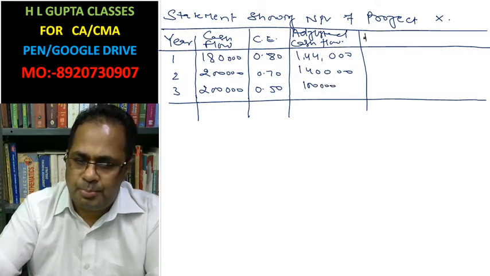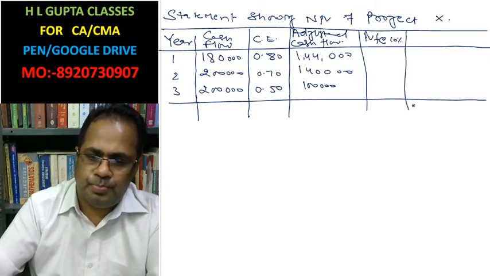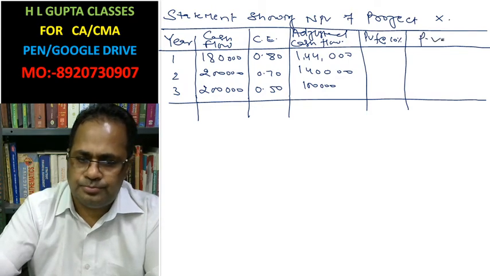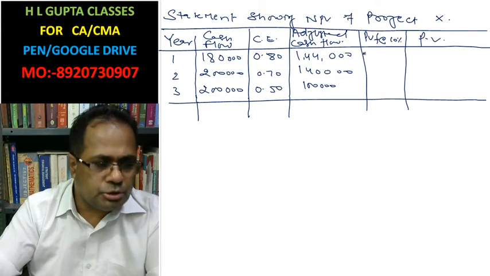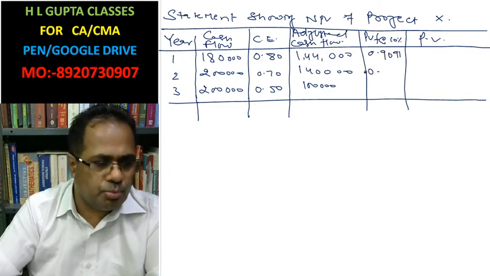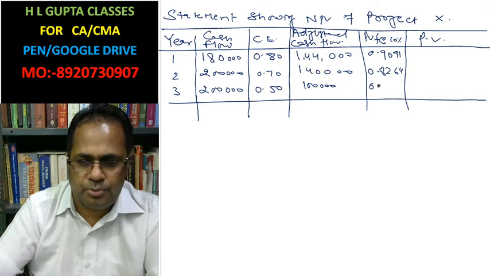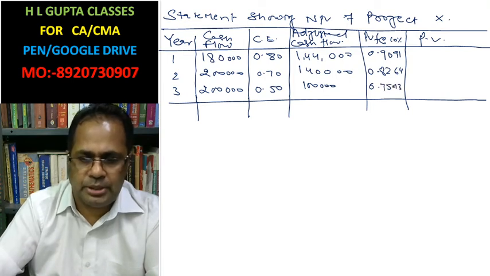Now we have to apply the present value factor at the rate of 10%. This is your present value: 0.9091, 0.8264, 0.7513.